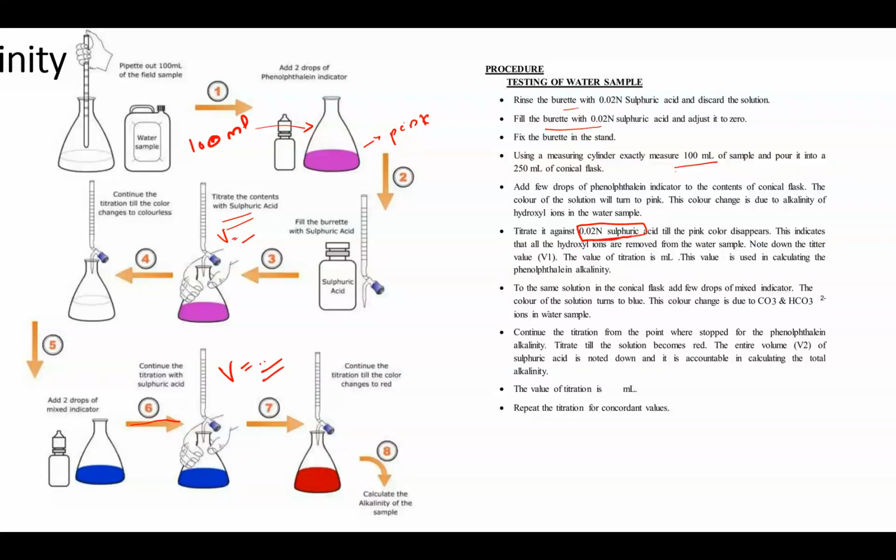So you mention two volumes: the volume at which the sample turns colorless after adding phenolphthalein indicator, and, after the second titration on the same sample with the second indicator, the volume at which it changes to red. These two volumes you measure.